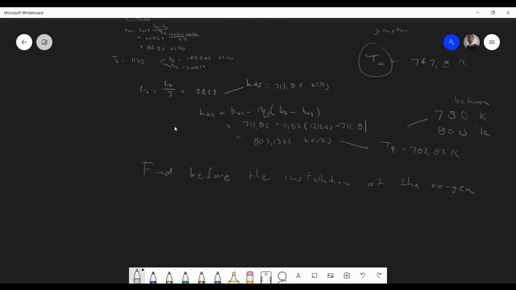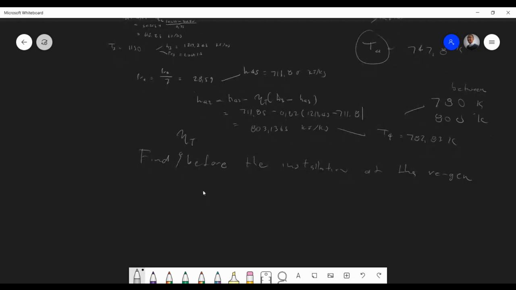Let's conduct the analysis before we actually put in the regenerator. That's still going to be work net divided by Q in, and obviously we need to compute these two. Another thing we're not computing is the back work ratio, so be cognizant of it.